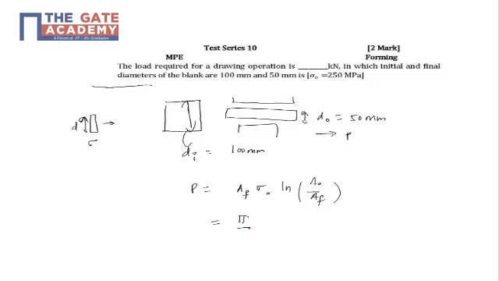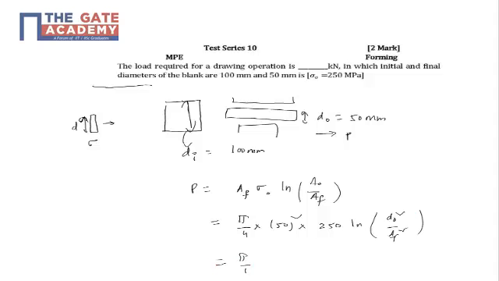So A_F is the final cross section, that is pi by 4 into 50 whole square. Sigma naught is the yield strength or the flow stress at which the metal starts flowing, 250. ln A naught by A_F will be pi by 4 d naught square by pi by 4 d_f square, so d naught square by d_f square.